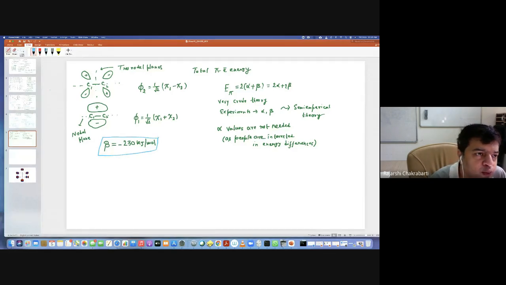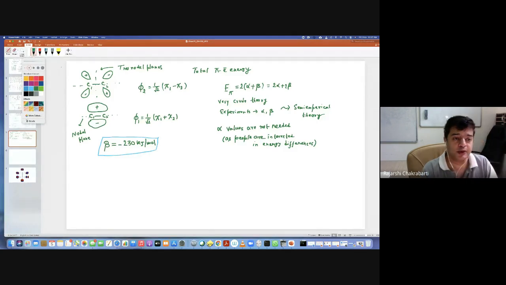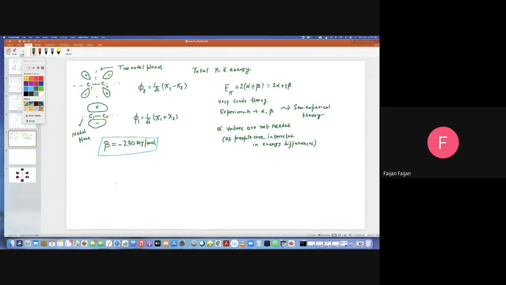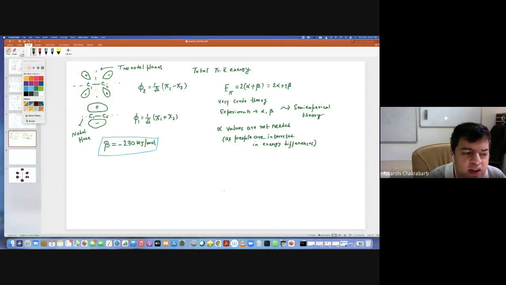Okay, now next we move to the next system, 3 electrons, 3 carbon atom system. What is that system? Sir, when we are talking about pi electron energy, then we will talk in terms of resonance integral only. So if we see that 2 alpha plus 2 beta, it is going to be total. Why resonance integral? I don't understand.